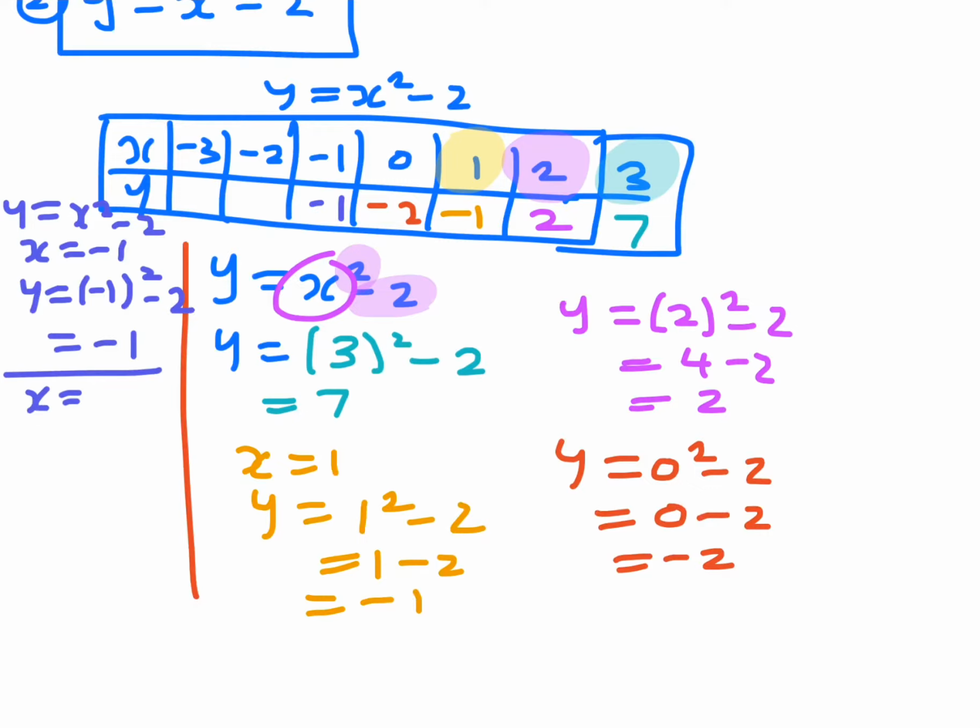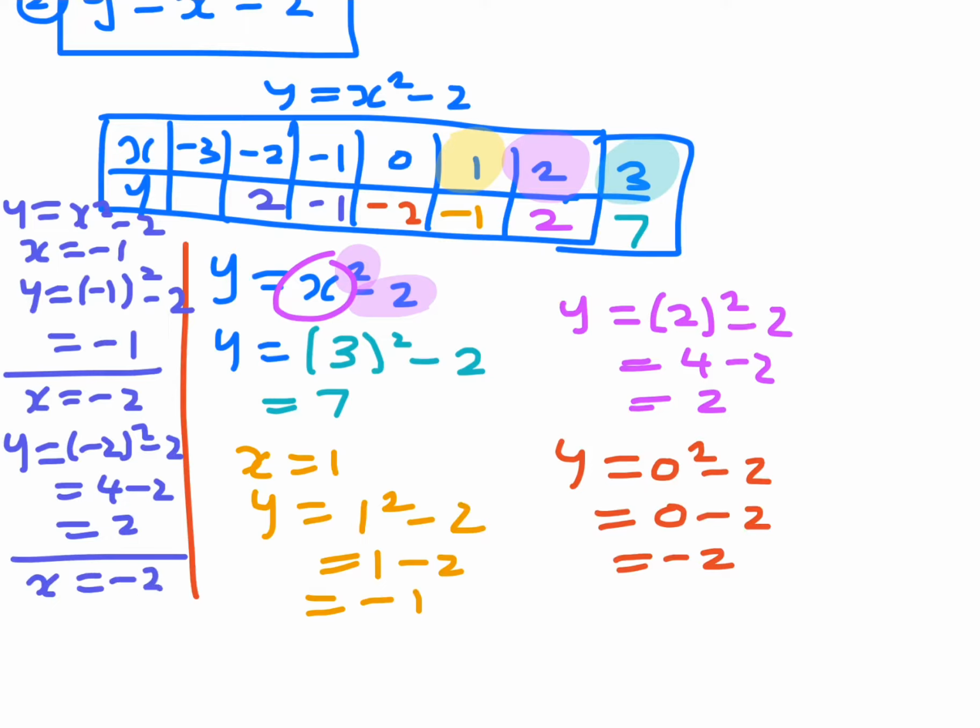Then we're going to put in x equals minus 2. Y equals minus 2 squared minus 2, which is 4 minus 2, which is 2. And then x equals minus 3, so y equals minus 3 squared minus 2, which is 7.